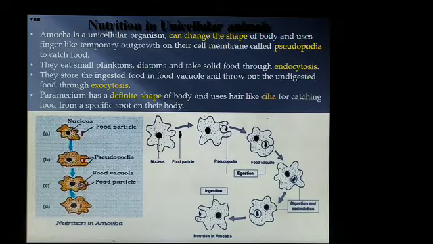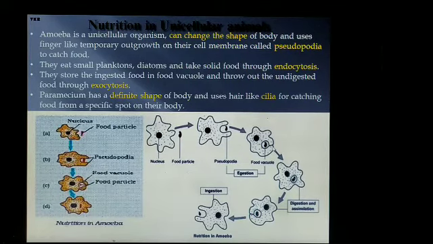Here the pseudopodia originate like this, then the food is trapped. After the food is trapped, it is sent inside the body. This is an outward growth, but at the same time there is an inward growth also. This inward growth leads to a temporary cavity being formed over here. It will rupture at this place, and after rupturing, the food is going to enter the body.